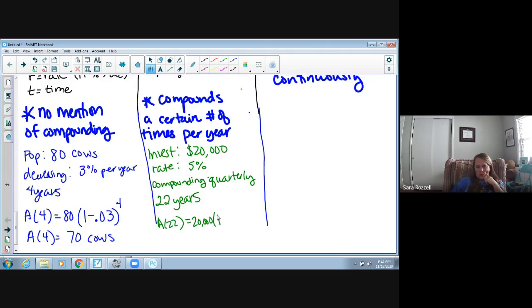And then 1 plus 0.05 over 4, raised to the 4 times 22. Because you've got to put that in there for this formula. So 20,000 times 1 plus 0.05 over 4 raised to the 4 times 22.